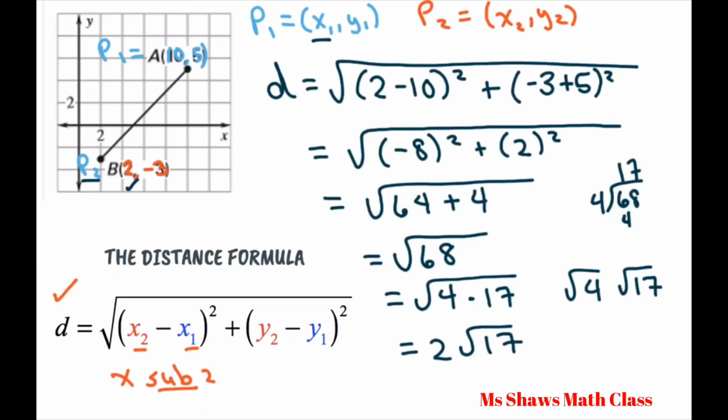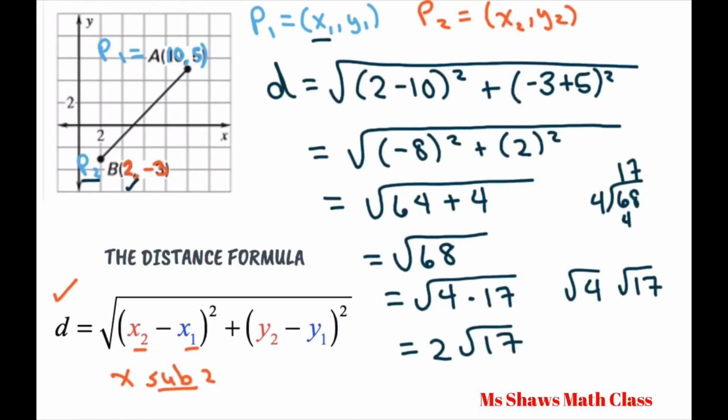So we have square root of negative 4 squared plus negative 10 squared. This equals the square root of 16 plus 100, which equals the square root of 116.